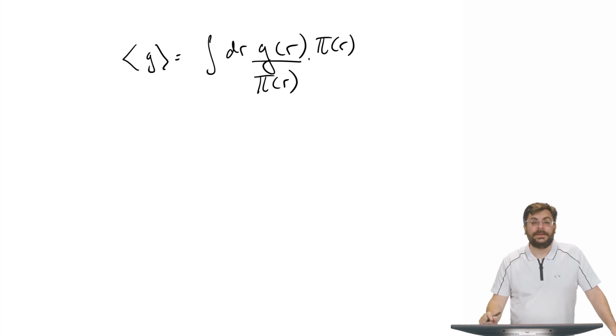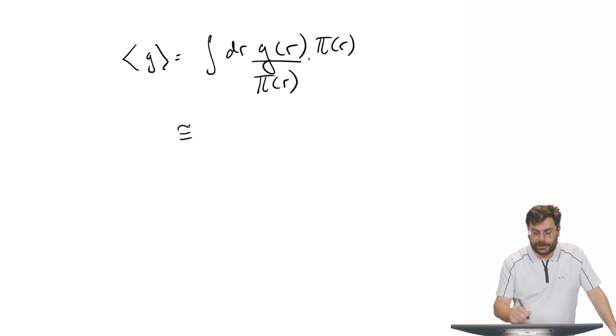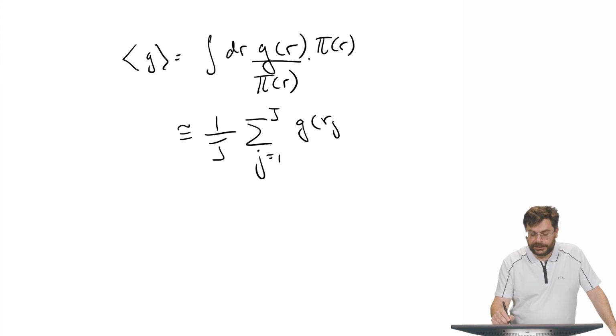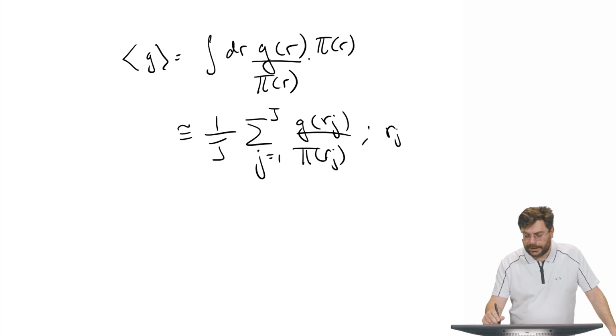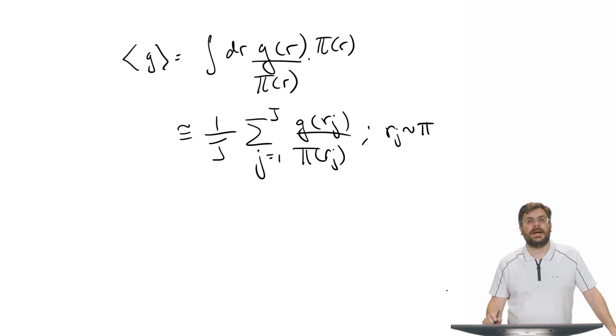In other words, multiply by 1 and approximate the following integral as 1 over j, sum over j from 1 to j, of g of rj divided by pi of rj, assuming that rj is drawn from pi. Previously, I should have said assuming that rj is sampled from h in the previous slide, but it doesn't really matter.